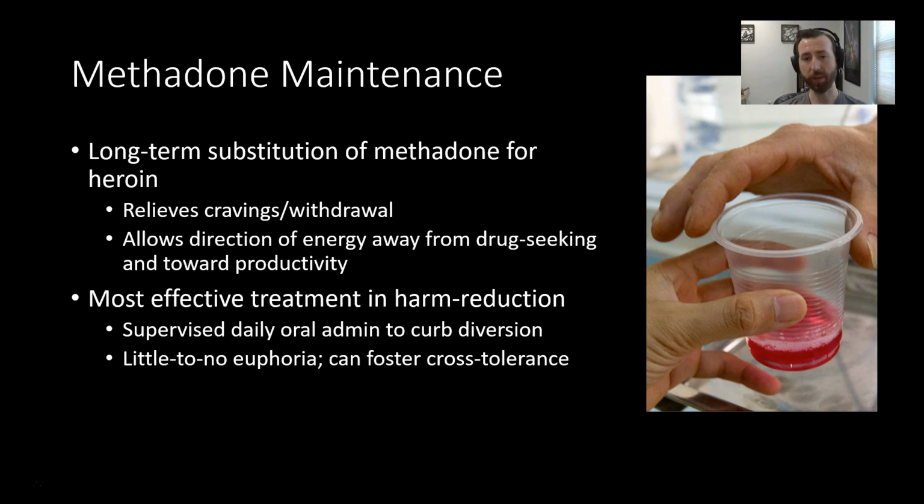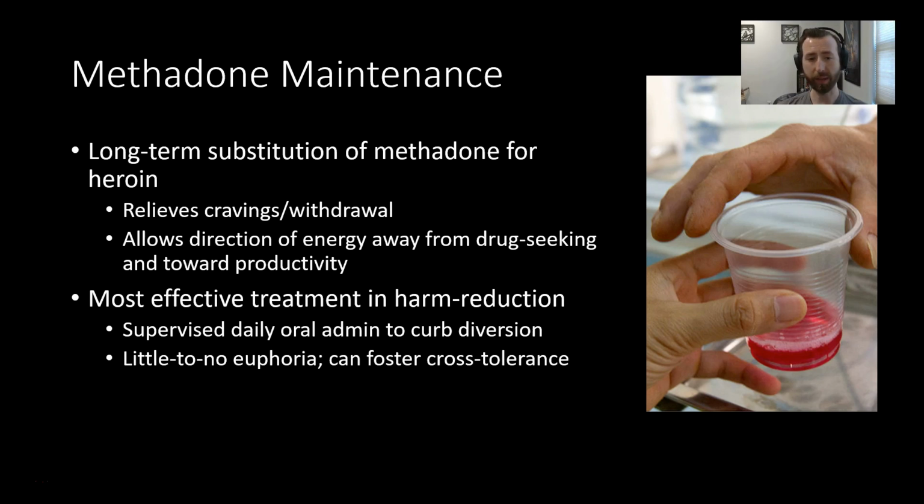This allows for the direction of energy away from drug-seeking behavior and towards what might be more productive activities like pursuing education or finding employment. This is currently the most effective treatment we have in terms of harm reduction, meaning that people are more able to stick with this than some other options that exist, and it allows people to have some semblance of returned quality of life. There are downsides.